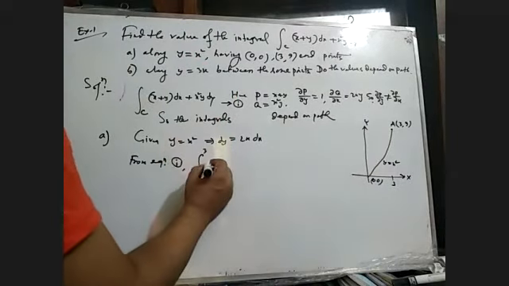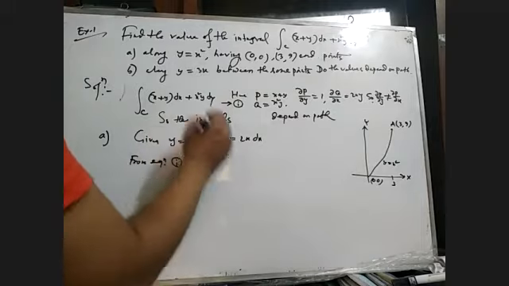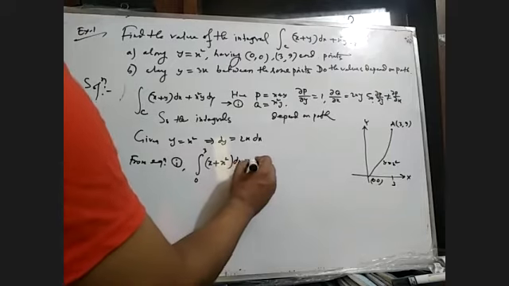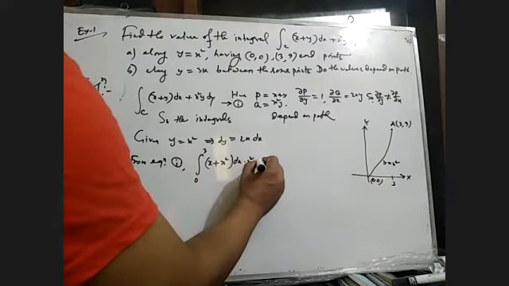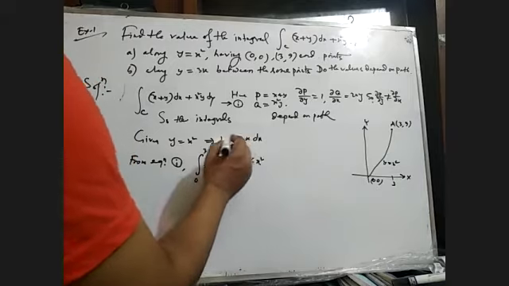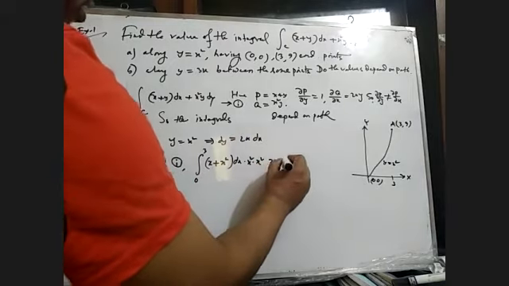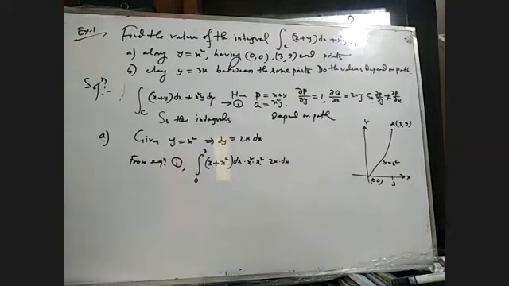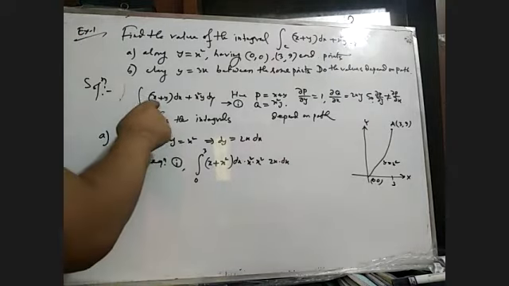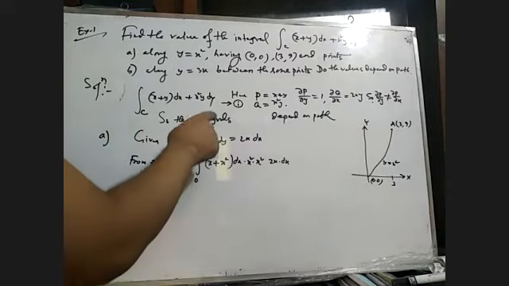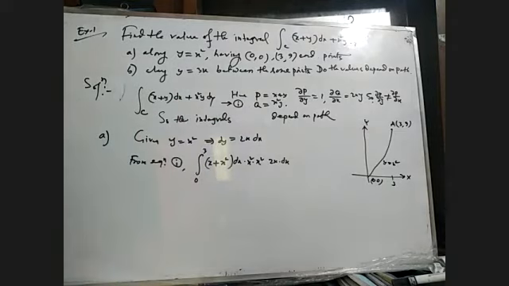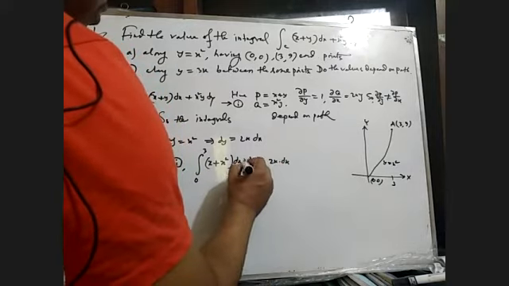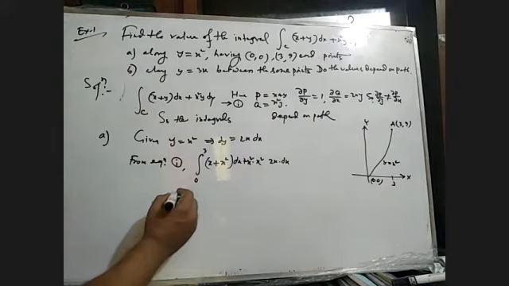So x plus y equals x square dx, and x square y equals x square, dy equals twice x dx. Understand everybody? Just putting the value of y equals x square here and dy equals twice x dx, we get this one. This is the plus sign. We get the integration easily.